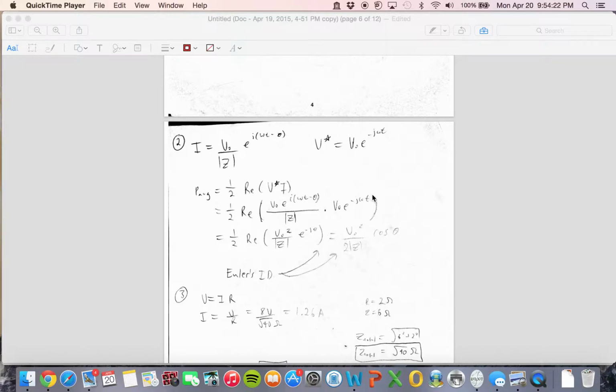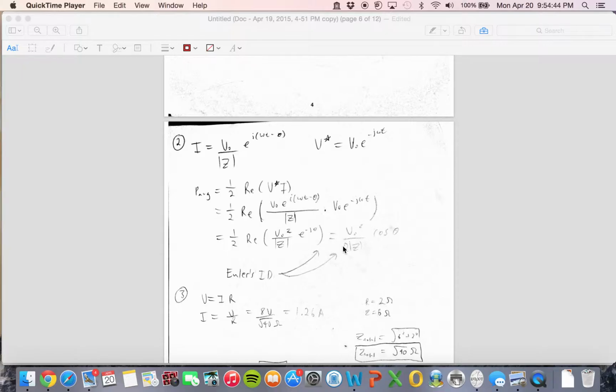When we have this expression and combine these terms like this, we can use Euler's identity to change this expression to v naught squared over z cosine of theta minus v naught squared over z i sine of theta. When you take the real part of that, you're left with v naught squared over z cosine of theta, and times 1/2 gives you the average power.